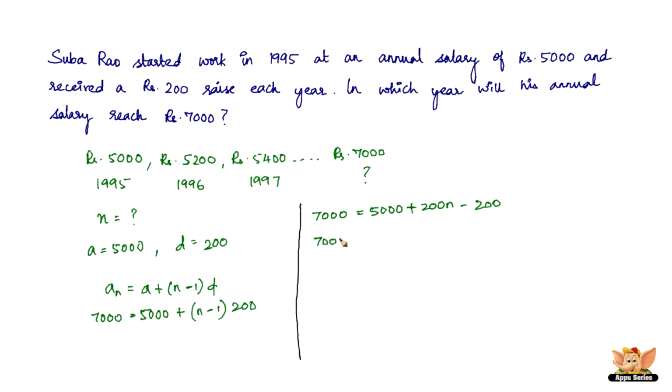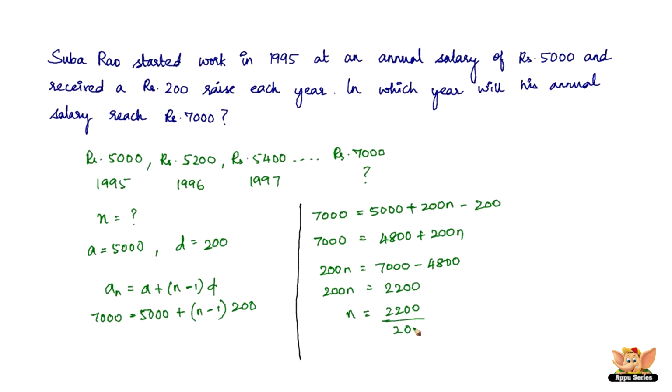So that will be 7,000 equals 5,000 minus 200, which is 4,800, plus 200n. So this becomes 200n equals 7,000 minus 4,800. So 200n equals 2,200. So n equals 2,200 divided by 200.